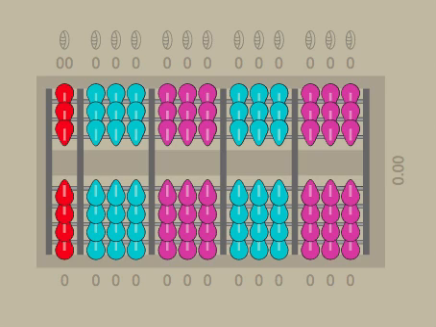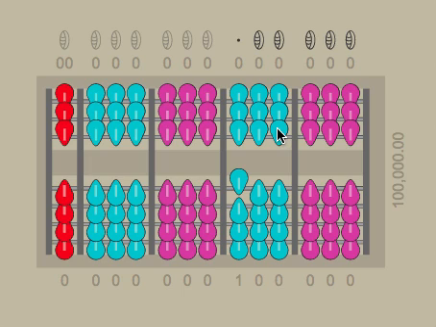Let's do another one. Let's do 106,073. I should have 100,000. I don't need any 10,000s, but I do need 6,000.